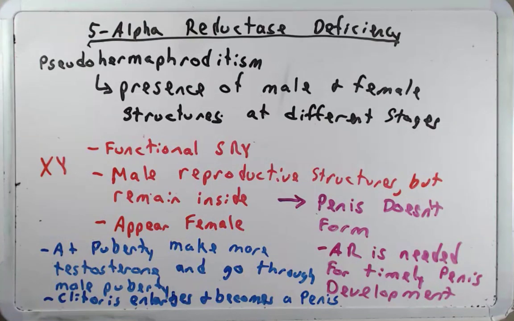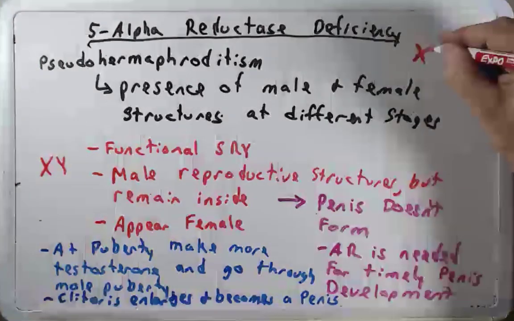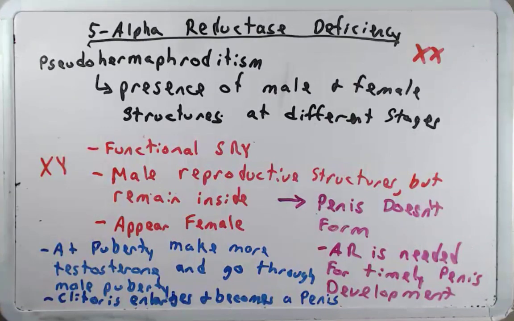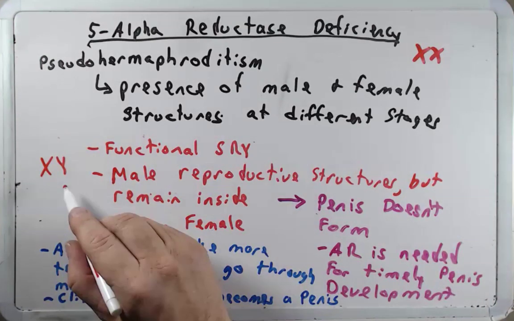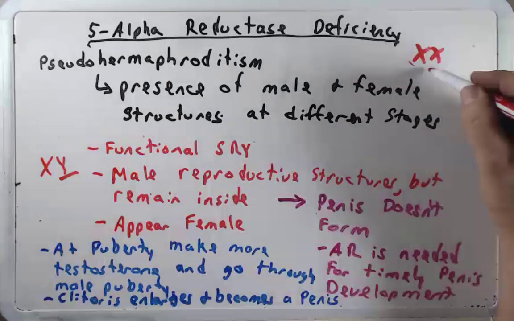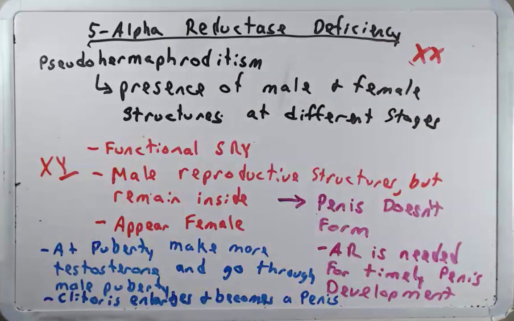In case you were wondering, a person can be XX with 5-alpha reductase deficiency, and these individuals appear female, are raised as females typically, and don't go through this conversion because they don't have the Y chromosome. So if they have two X chromosomes, usually there's not any significant phenotype associated with them.